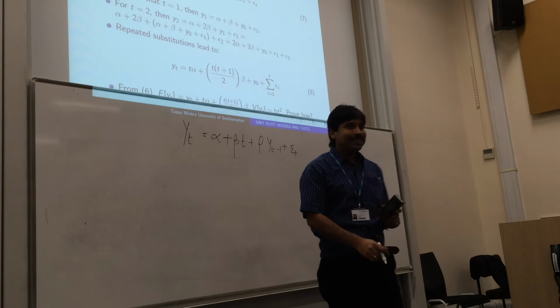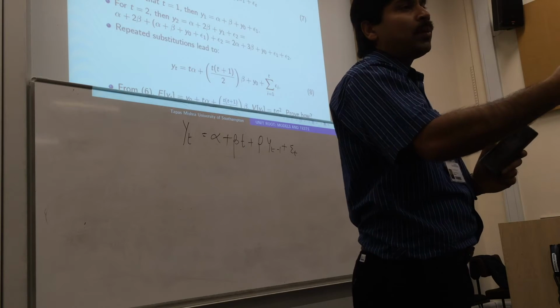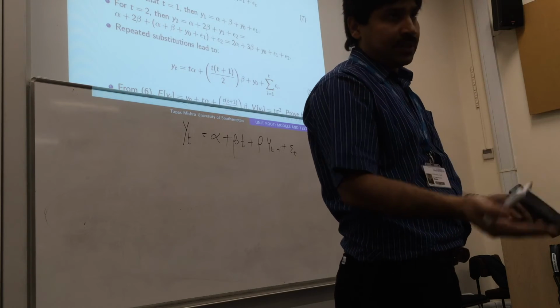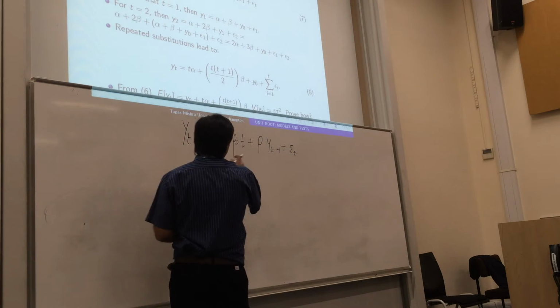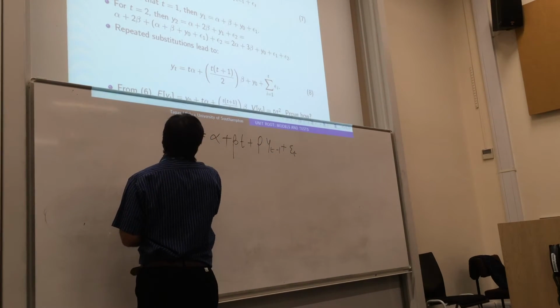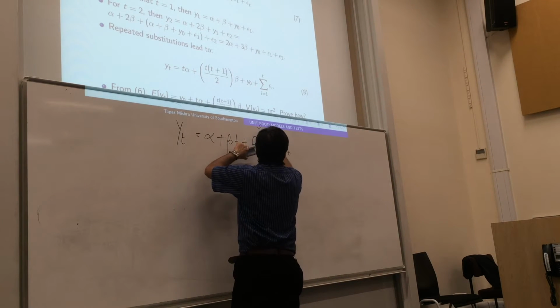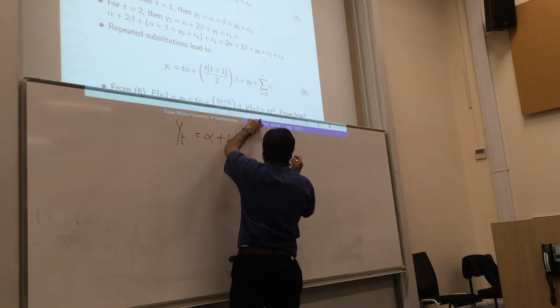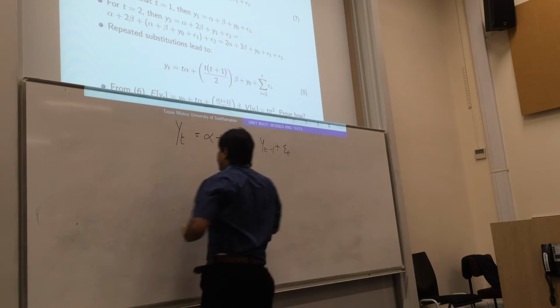We have learned it. Trend represents a kind of long-term movement of a time series. In this case, I am assuming rho equal to 1, so 1 times this is exactly the value that is going to happen.